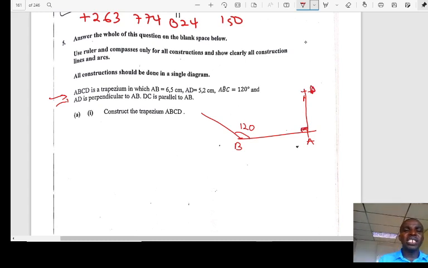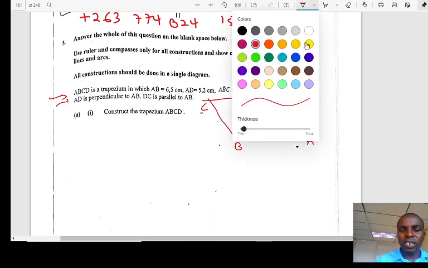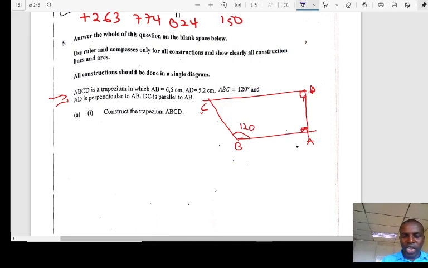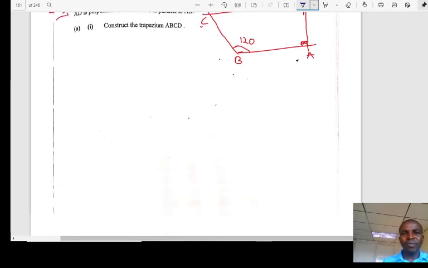Since it's a trapezium, the lines DC and AB are parallel. It's written here like this, which means there's another 90-degree angle here, right? So please take note. There will be our C here. So that one is a small rough sketch, right?